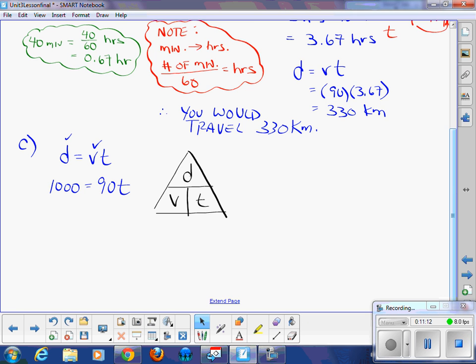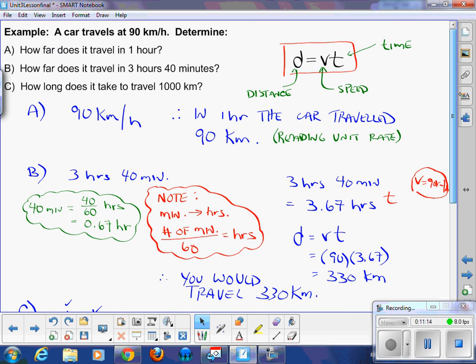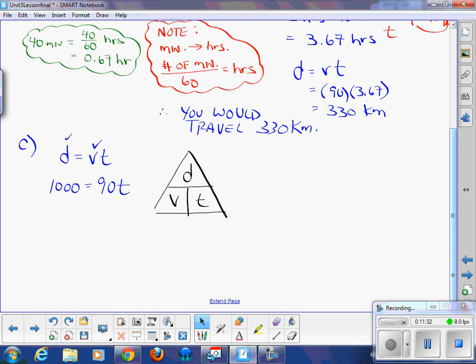So if we go back up to the top and know that formula I was talking about, what you really want is this particular triangle drawn to help you out. Okay? The bar up here would represent division. This bar represents multiplication.